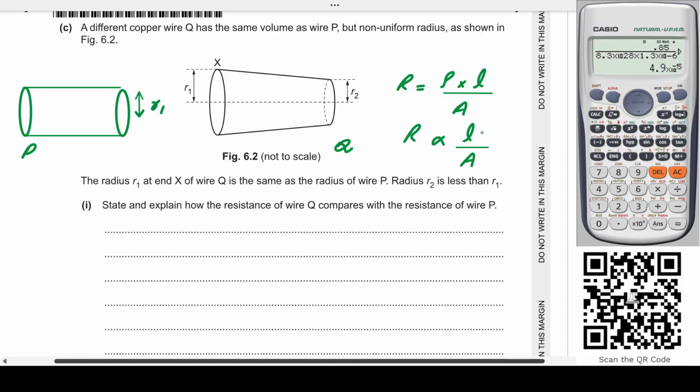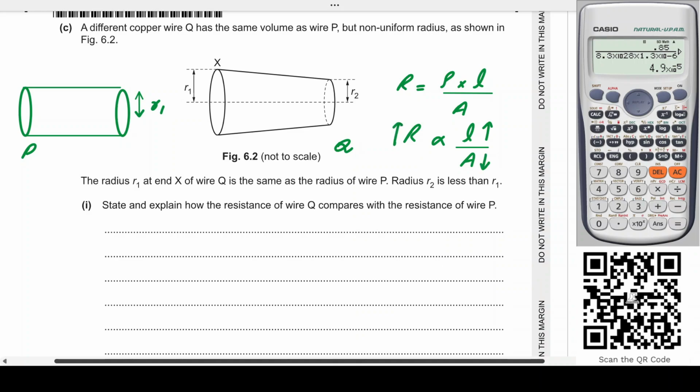So the wire which is longer and thinner will be having more resistance. So if you have more length and less cross-section area, the resistance would be more.